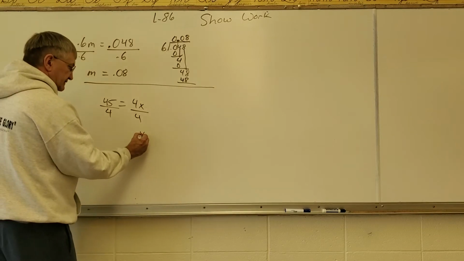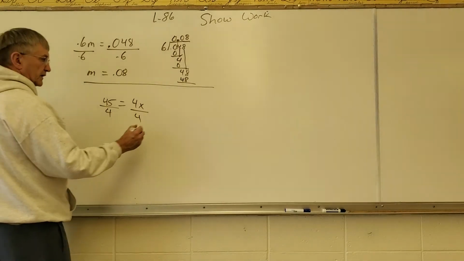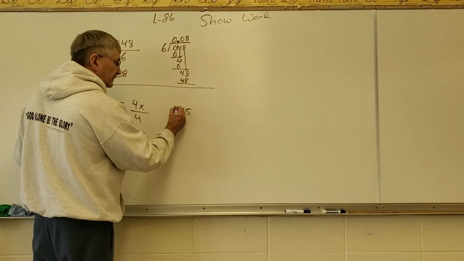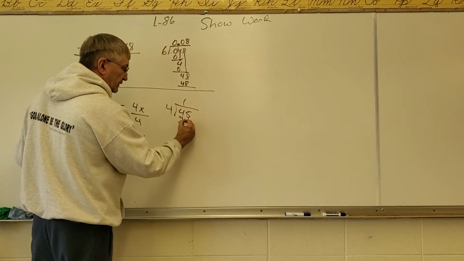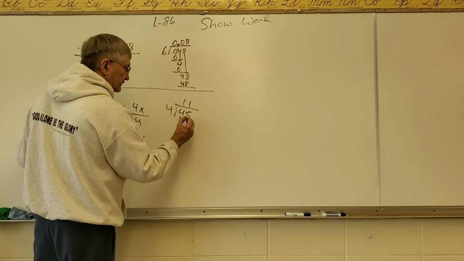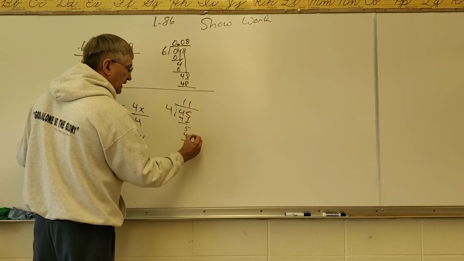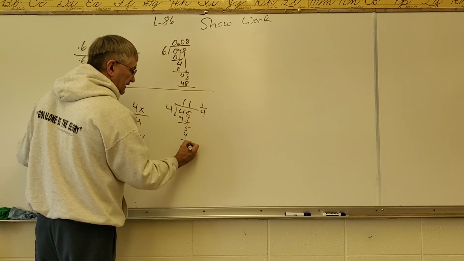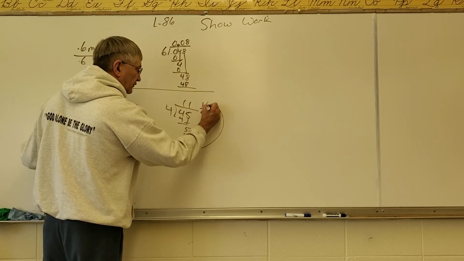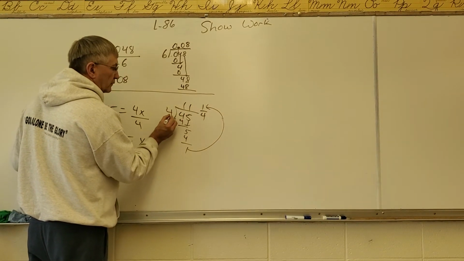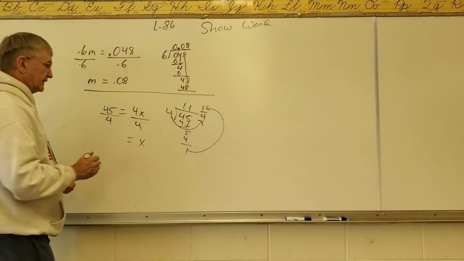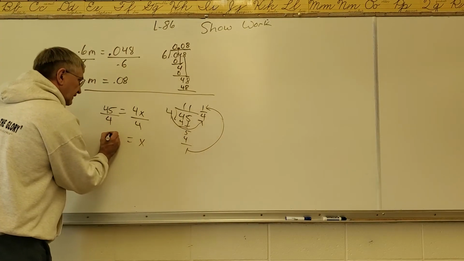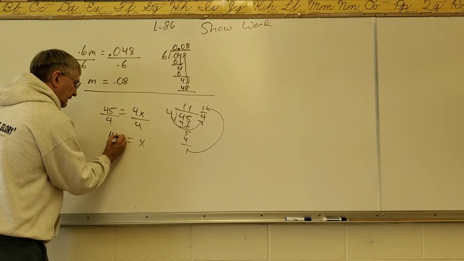And I have the x, which I'm going to write backwards. So we go 45 divided by 4. 4 into 4 goes once. Bring down the 5. 4 into 5 goes once, which is 4. 11 and 1/4. Again, the 1 became the numerator, the 4 the denominator. So my final answer is x equals 11 and 1/4.